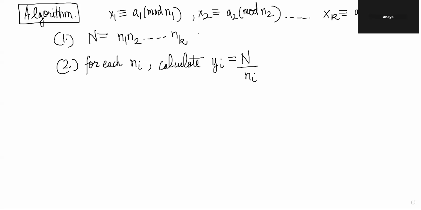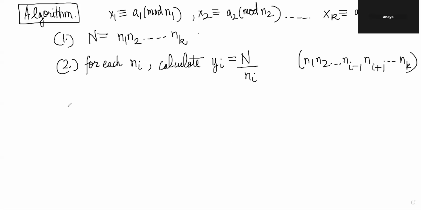So basically that will be N1, N2, Ni minus 1, Ni plus 1 till Nk, because you are dividing this capital N by the Ni. Do you understand this step?